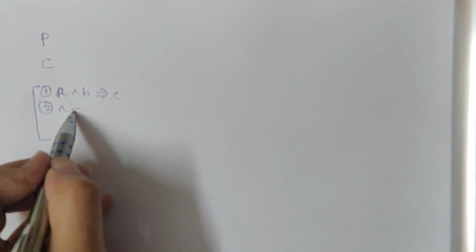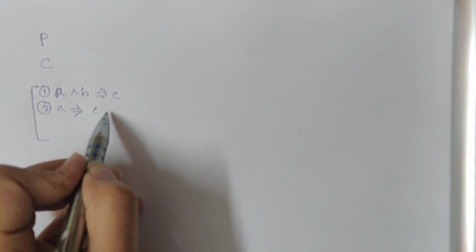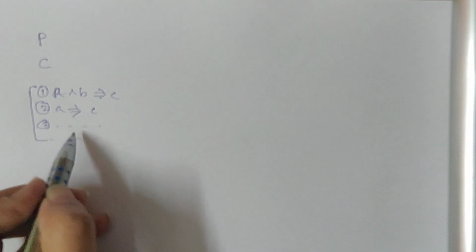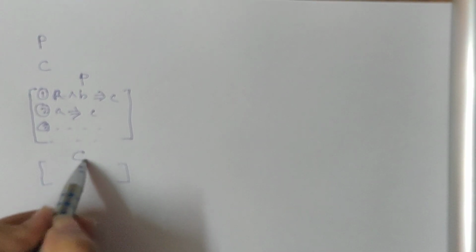We have many propositional sentences, maybe A, B, A. These are some hypothetical set of sentences which constitute P. And then I have one sentence which is the conclusion.